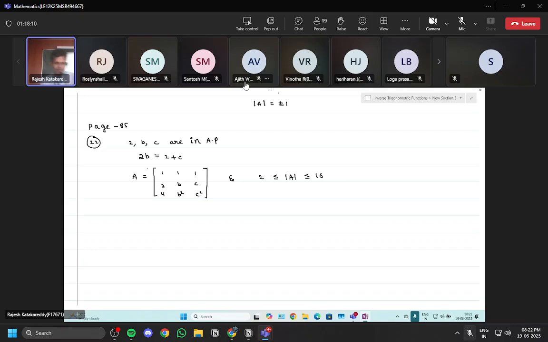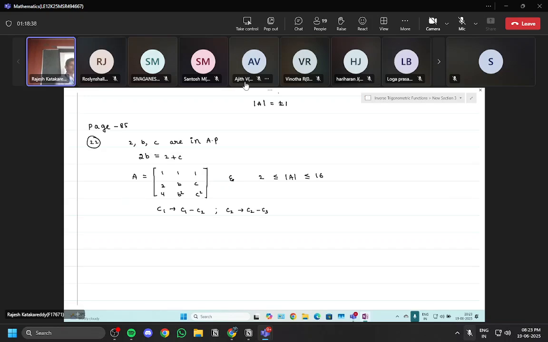On the determinant I am applying column 1 changes to column 1 minus column 2. At the same time, column 2 changes to column 2 minus column 3. Clear? If I write column 1 changes as column 1 minus column 2, next it is not allowed to write column 2 changes as column 2 minus column 1.